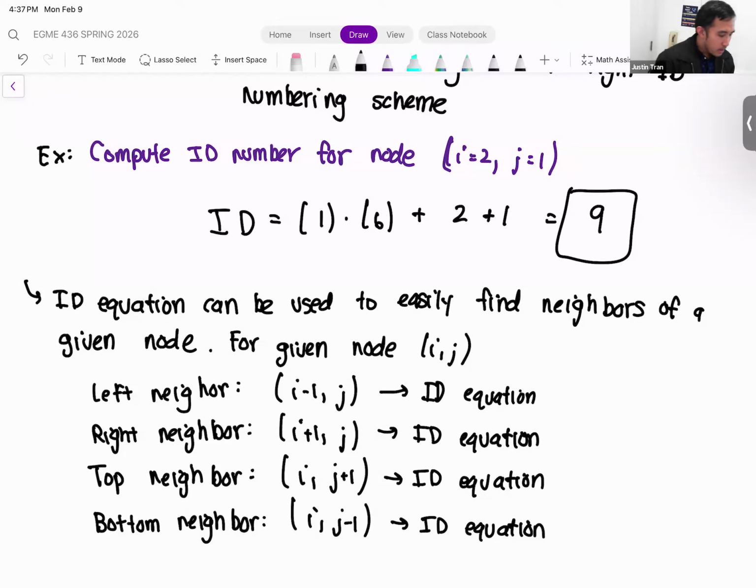Okay, one more concept before we actually get to the finite difference, right? So we've talked about the ID numbering scheme. We talked about the IJ indexing scheme.